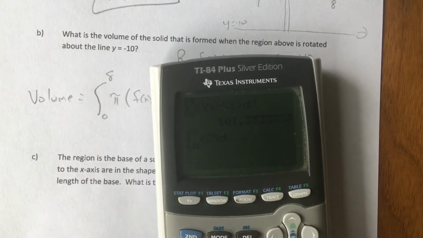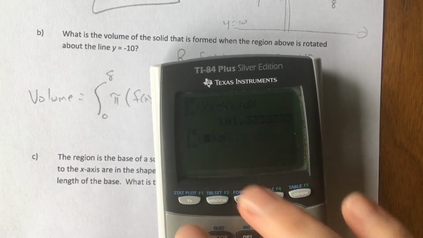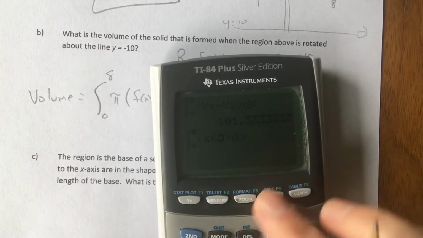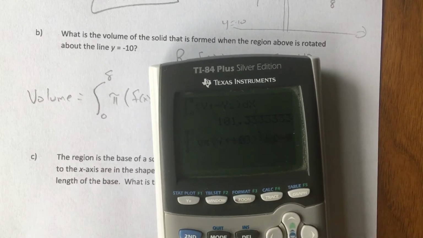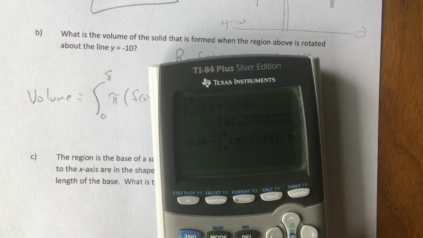Math 9 from 0 to 8, pi times y1 plus 10 squared dx. That would give us, again, everything, minus math 9 from 0 to 8 pi times y2 plus 10 squared dx.